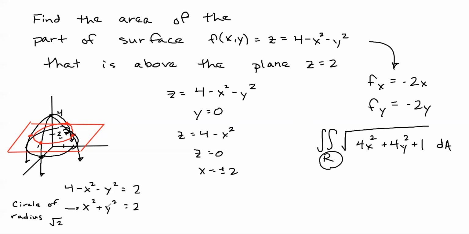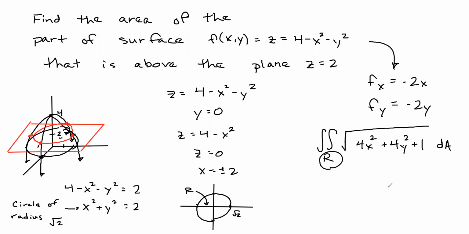If you wanted to sketch what you'd see if you looked straight downward, it's just going to be the circle that has radius root 2. That's what you'd see if you looked straight downward. That's our R.